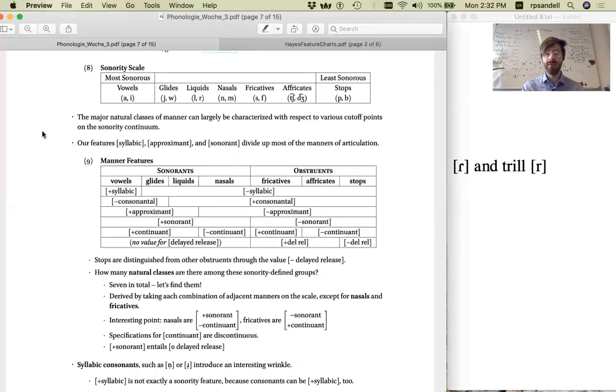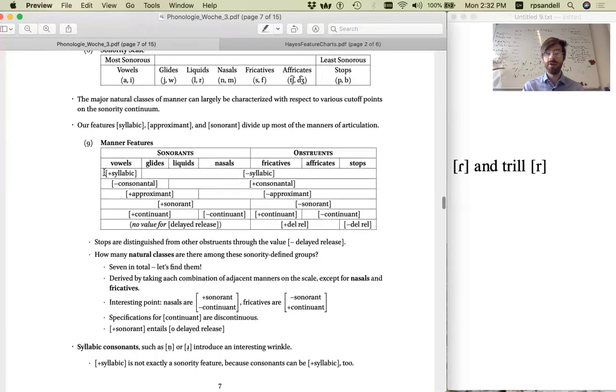Remember, I already mentioned syllabic as a feature to distinguish vowels from all other sounds. So the feature syllabic will contrast vowels with all other sounds that would traditionally be called consonants, the glides, liquids, nasals, fricatives, affricates, and stops.